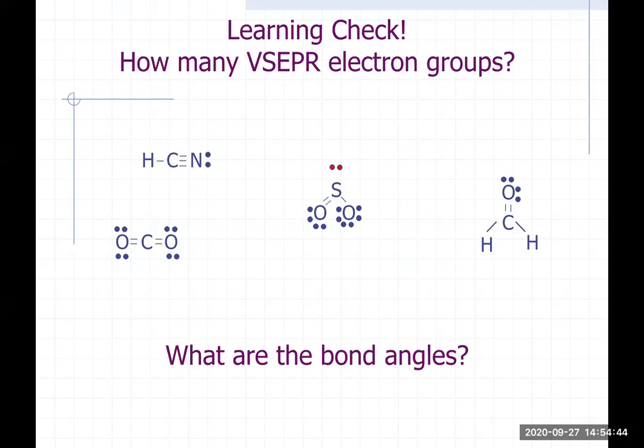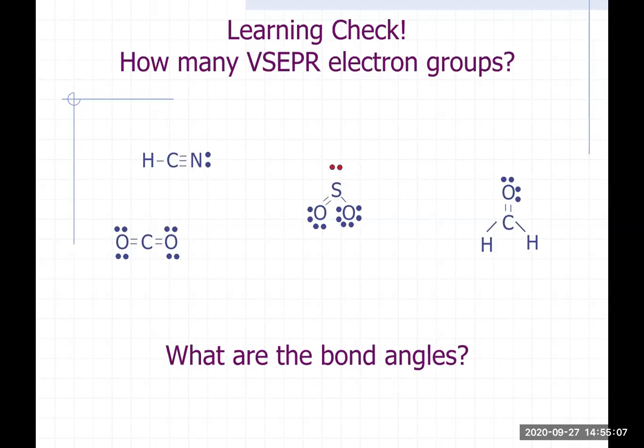So let's distinguish between these structures that we have below and determine how many VSEPR electron groups there are associated with the central atom, and then relate that number of groups to the bond angle. Again, this needs to be committed to memory because the number of electron groups is associated with a specific bond angle.